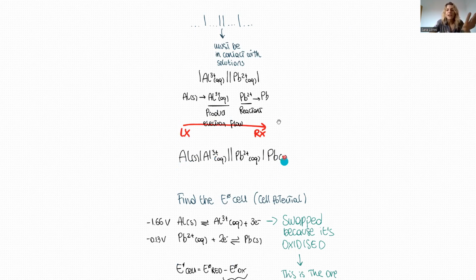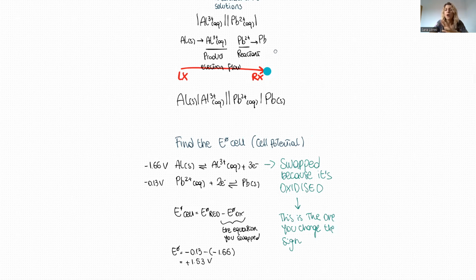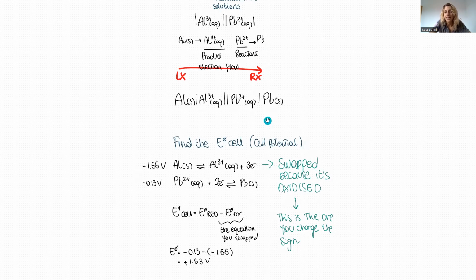After you've understood the direction of the flow of electrons, you need to calculate the electrode potential. This is the most common exam question that you can have for this topic. Now, I don't like the equation left or right. You can work out easily what's on the left and what's on the right of the cell when you do this analysis of what is reduced, what is oxidized, and swap the equation.